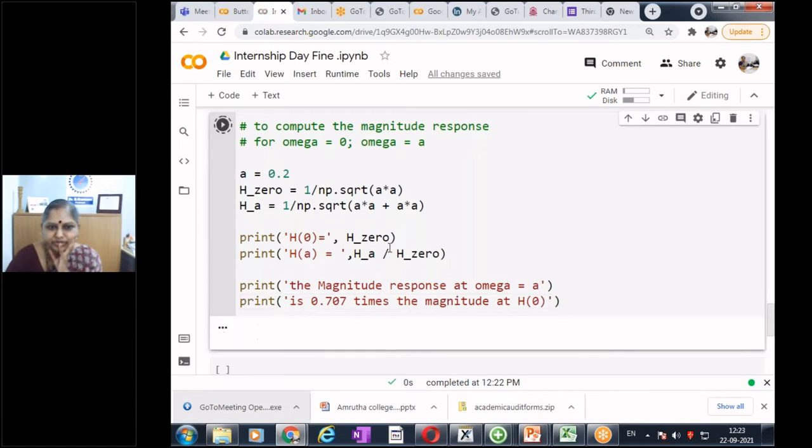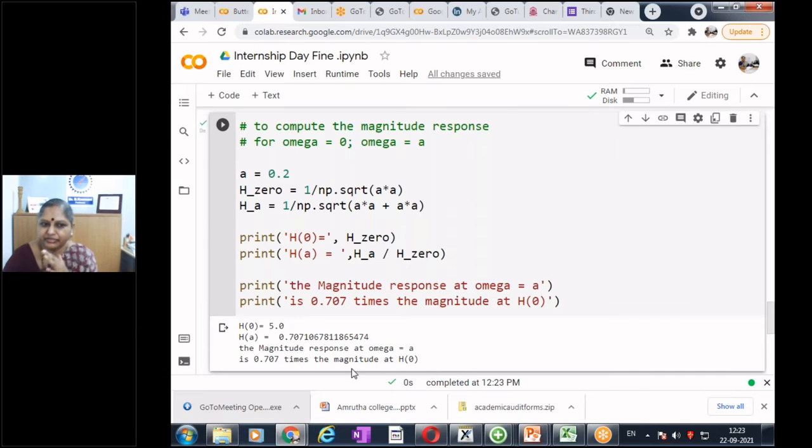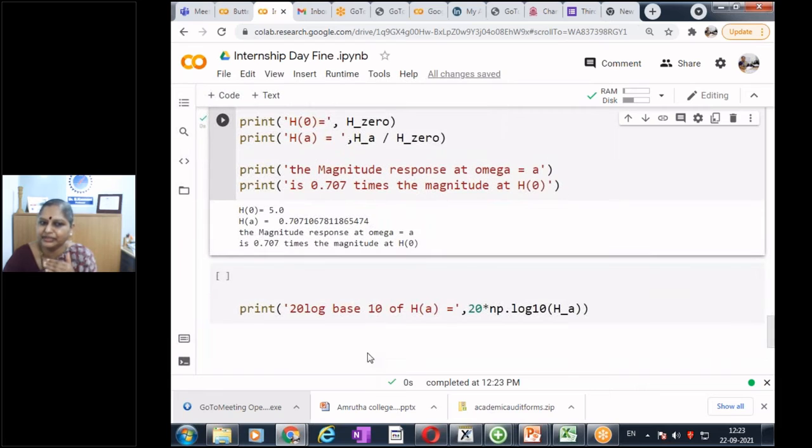So this is an important observation from this. So 0.707. Similarly, in dB, it is going to be minus 3 dB down.